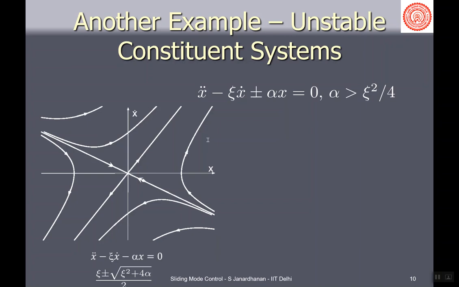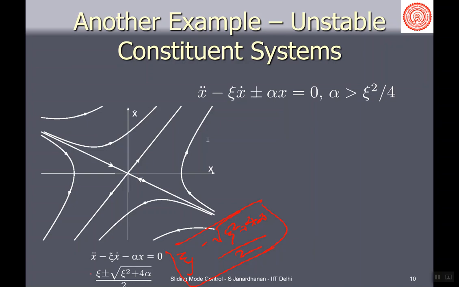Okay, you have two eigenvalues for this system, denoted by this, and only this, chi minus root of chi square plus 4 alpha by 2, only this is stable.